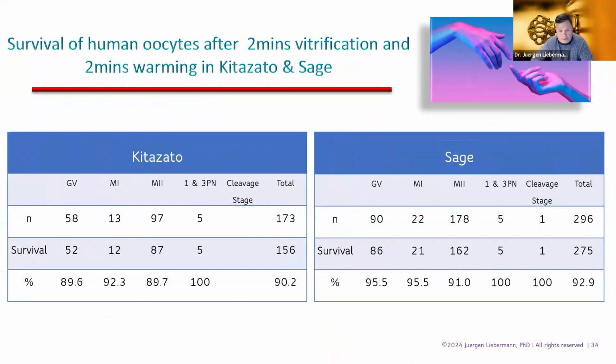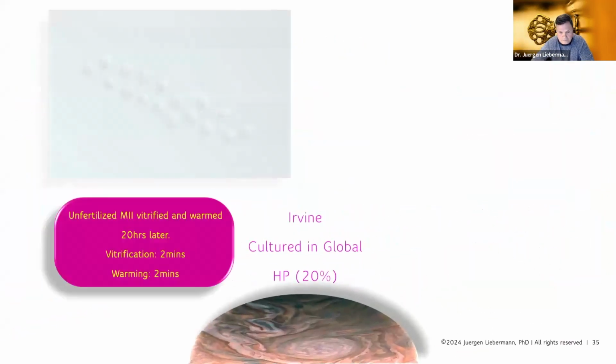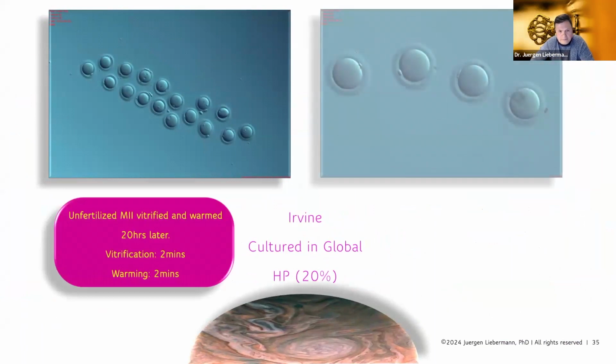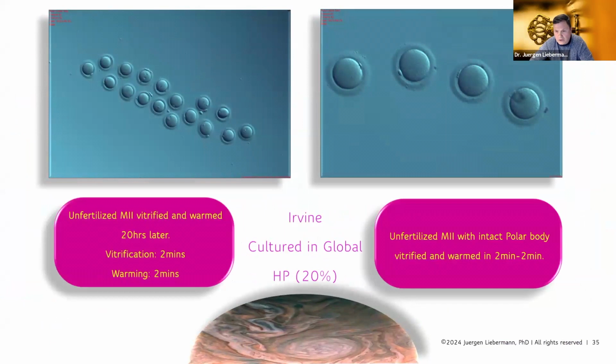When I used Kitazato and Sage, I did the same approach with different developmental stages, and you see the numbers were comparable, even similar to what I showed you before using Irvine or Vitrolife media. Here again, unfertilized metaphase 2, vitrified, and 20 hours later, you see them here also.